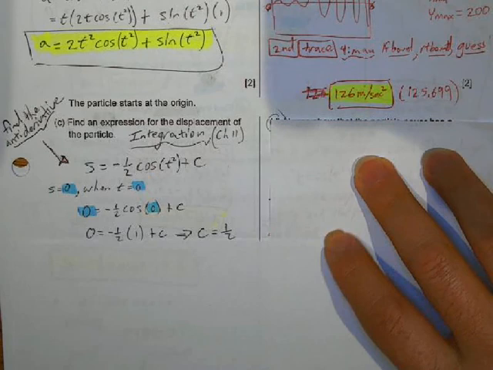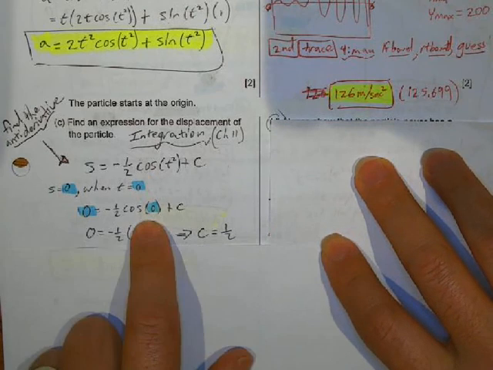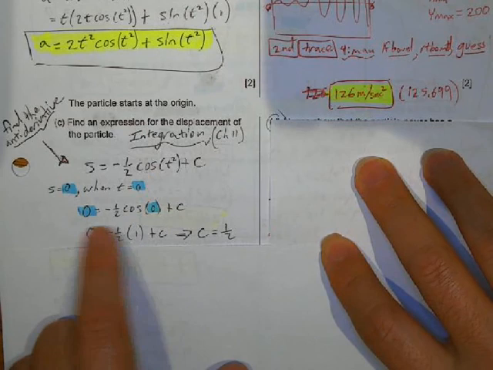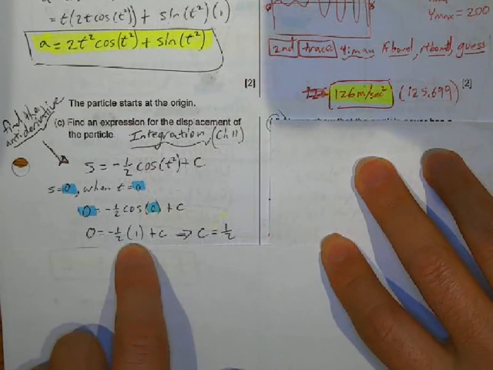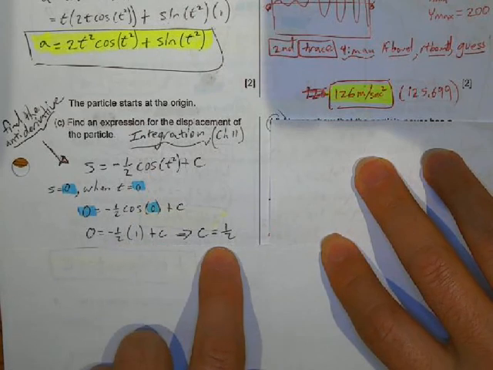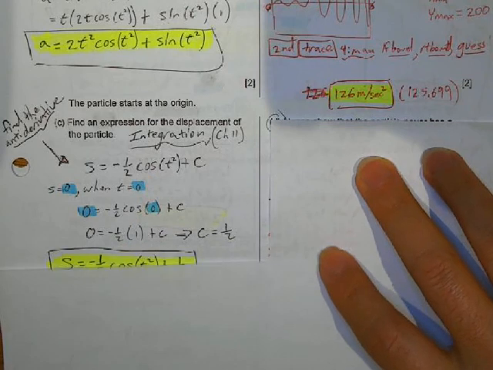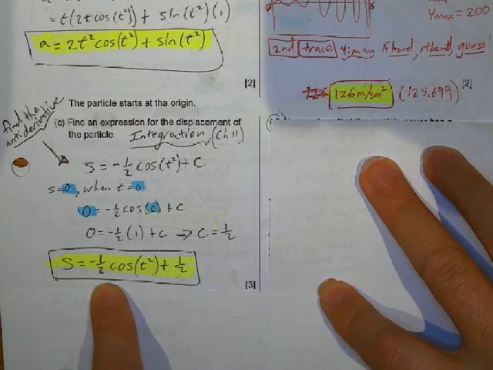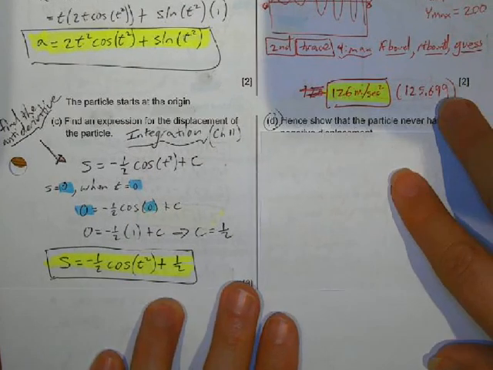And then cosine of 0 is 1. So now I have 0 equals negative 1/2 times 1 plus c, so c has to be 1/2. And so there is my equation for the displacement, the location of the particle.